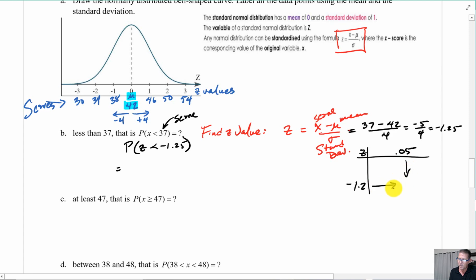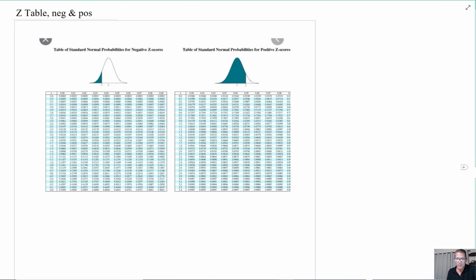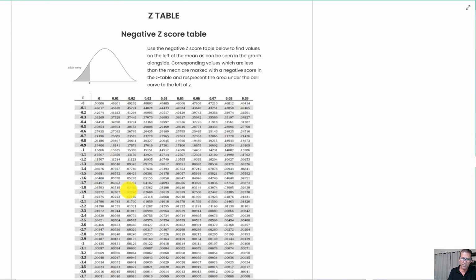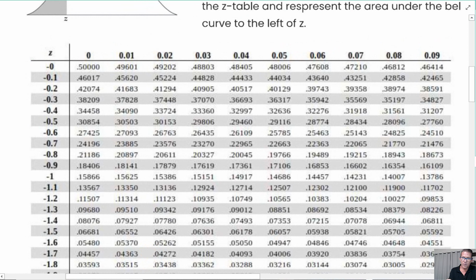Using the z-table, you look across and down to figure out that value. So let's go to the negative side of the z-table and find -1.25. Let's highlight it here. -1.2 is here, and then we've got to find 0.05.